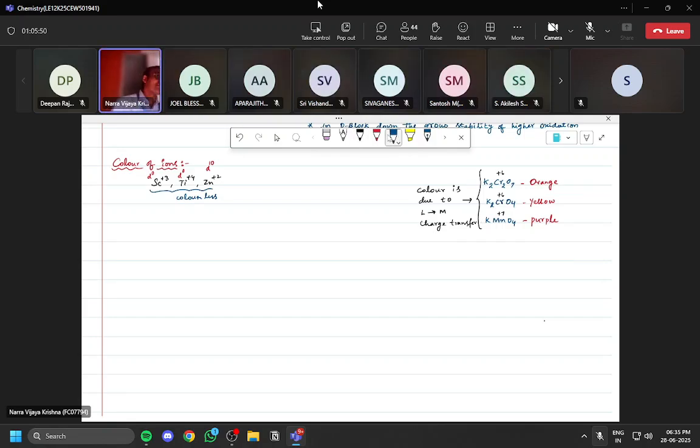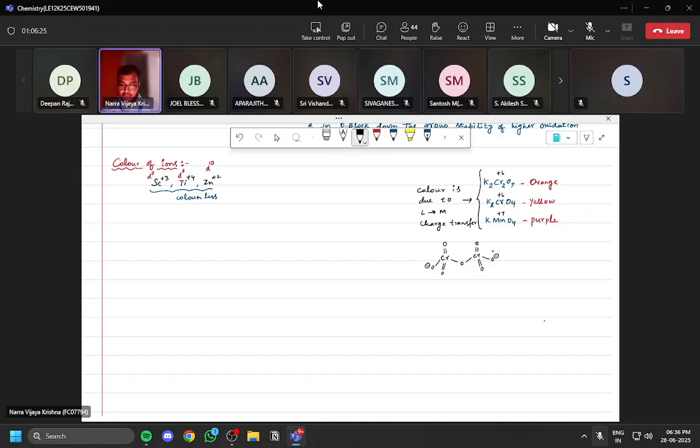What is the hybridization of K2Cr2O7, K2CrO4, KMnO4? All are tetrahedral molecules. And if you take K2Cr2O7, observe this.